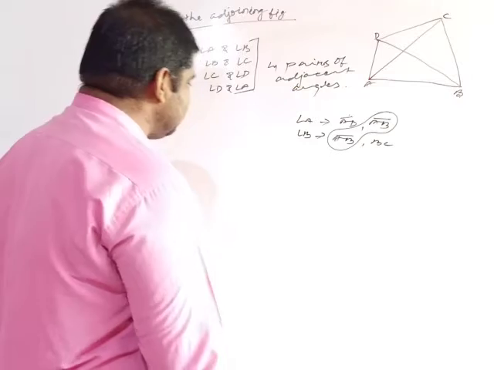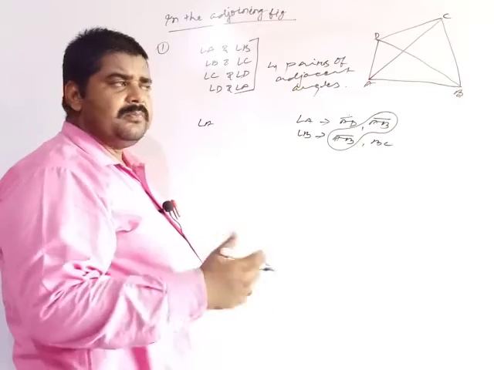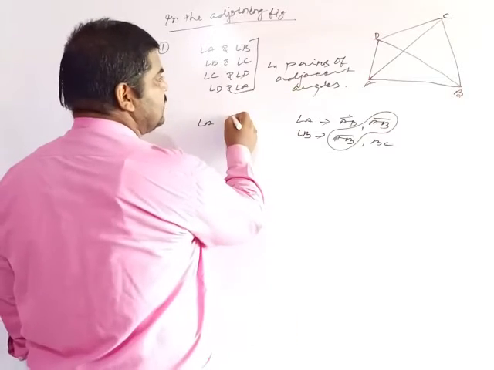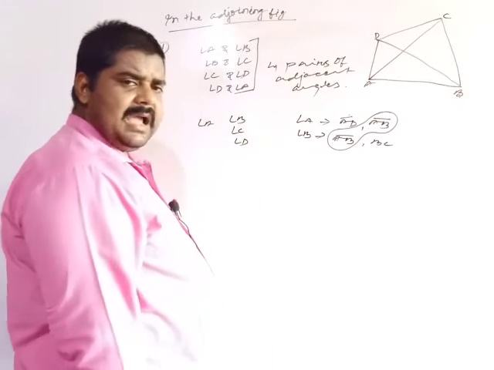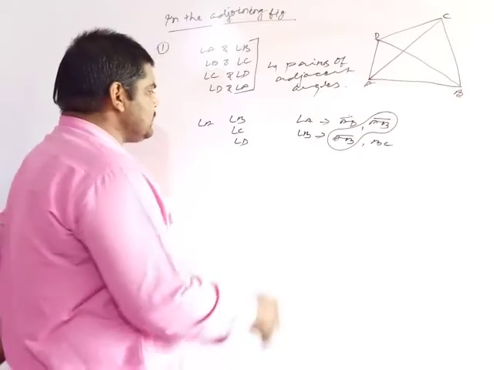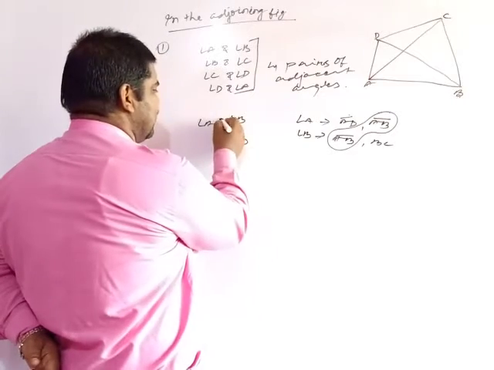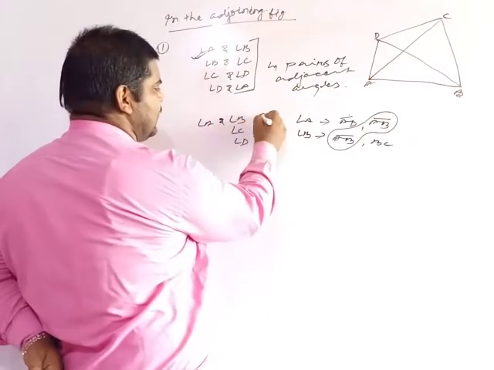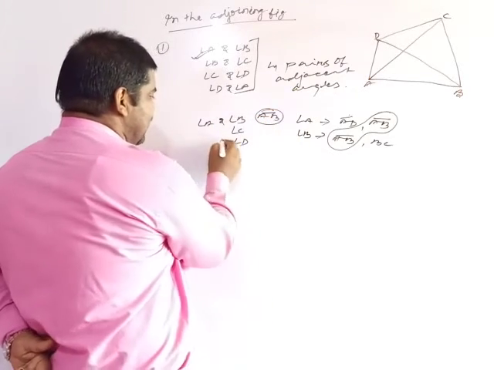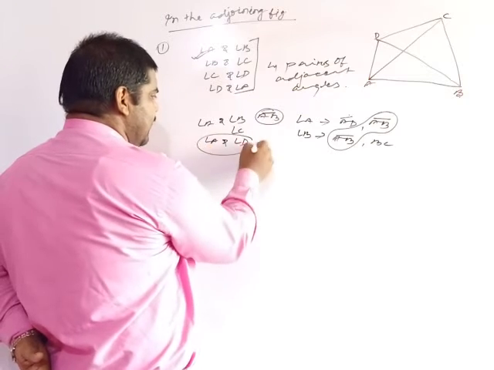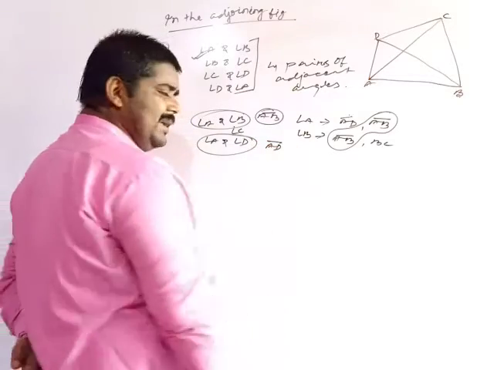You can see that for angle A, when you make the pair, the remaining 3 angles are angle B, angle C and angle D. Angle A and angle B are adjacent angles, because they have a common arm AB. Angle A and angle D are adjacent angles because they have a common arm AD.